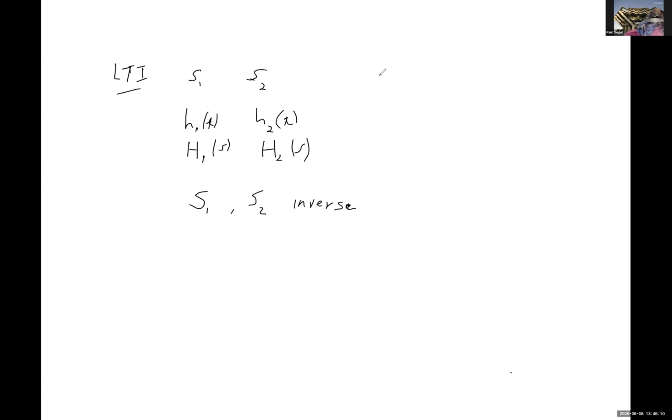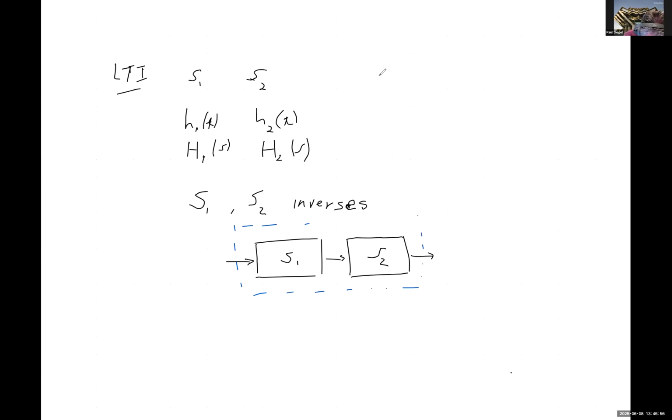Then this configuration, a serial concatenation, describes that relationship, and we know this overall system would be the identity system.